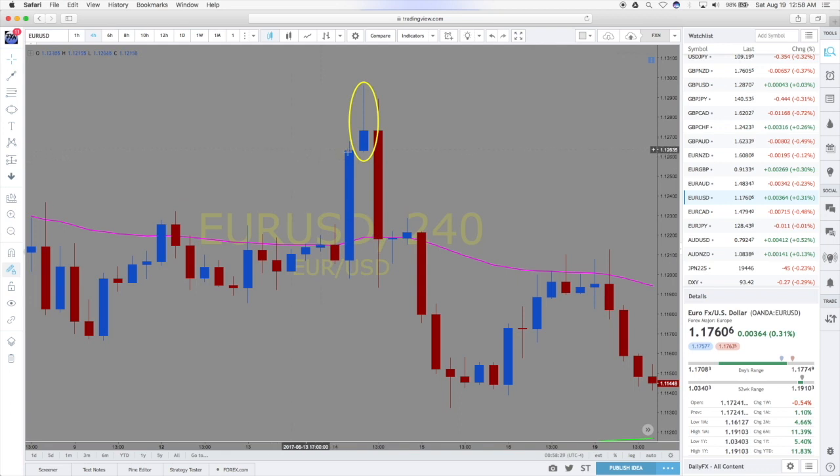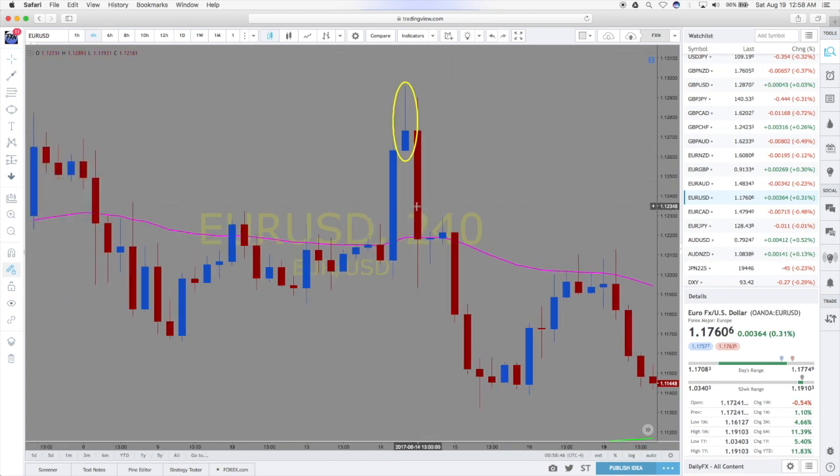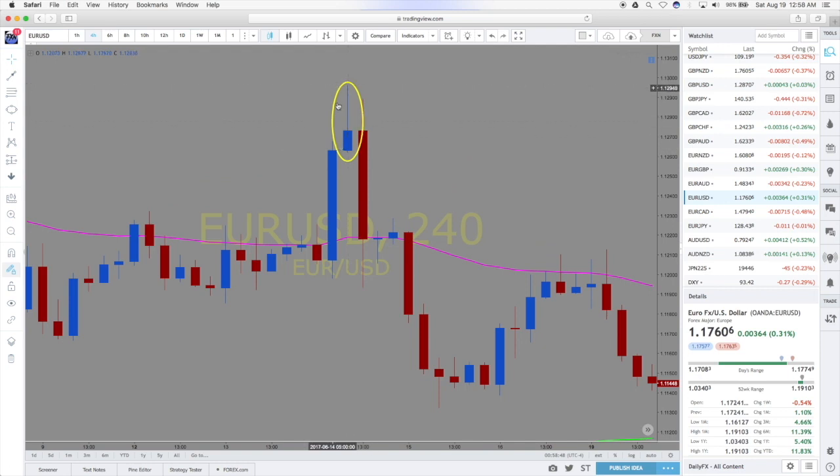A lot of times when they're upside down like this, and you have a long wick at the very top, like this one does, they're called kangaroo tails. So you'll hear them called kangaroo tails or pin bars. These are something completely different.